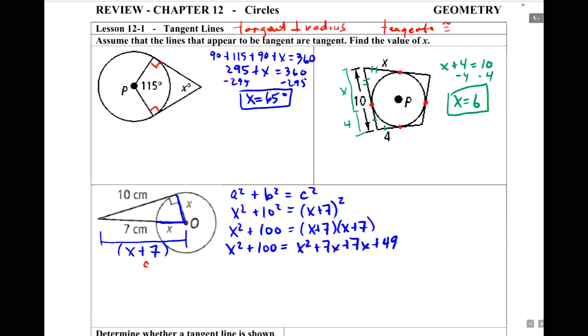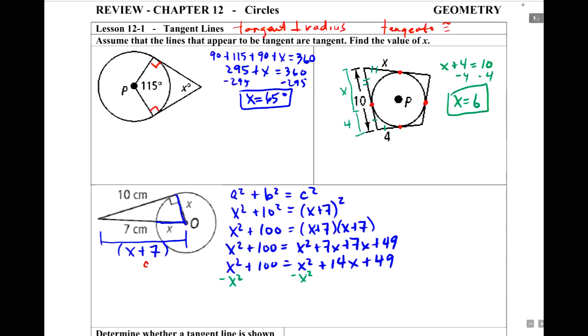Then I'm going to combine my like terms. x squared plus 100 equals x squared plus 14x plus 49. And if I remembered my special case, I know that my middle term here is 2 times x times 7, which would have been 14x. Remember, if you remember your shortcuts, remember your rules, it makes things easier.